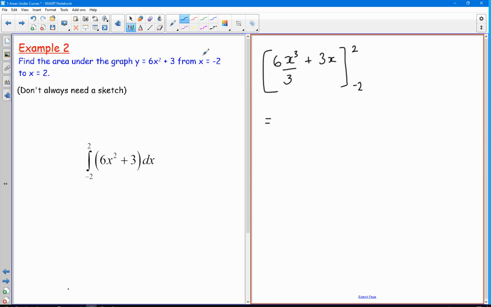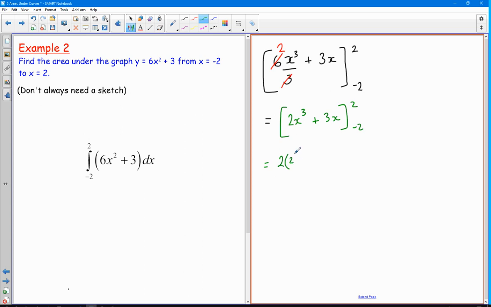So obviously, we can simplify this a little bit further and call that 2 there. So when we integrate this now, we've done the integral, we've got 2x cubed plus 3x, and we need to evaluate it between -2 and 2. So it might be worth putting some brackets in here because we've got a negative term.